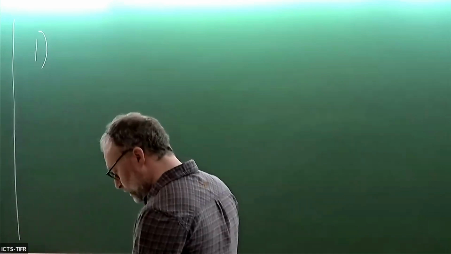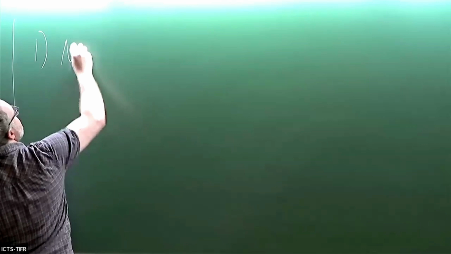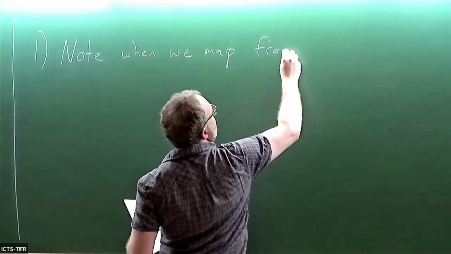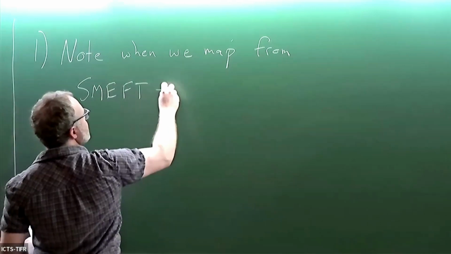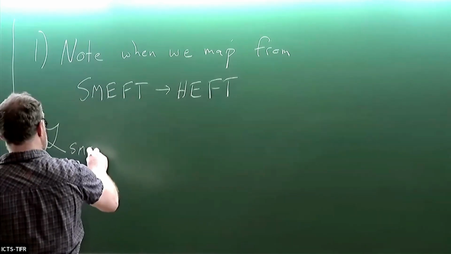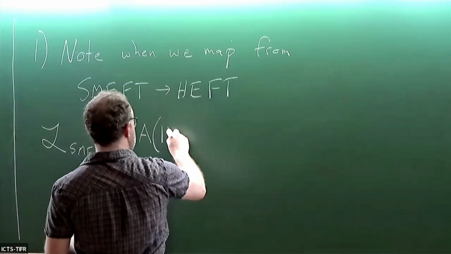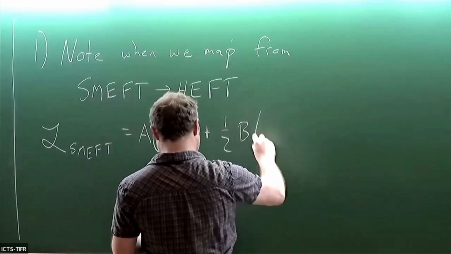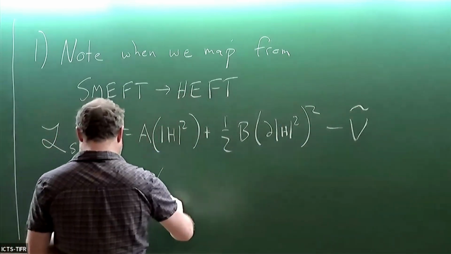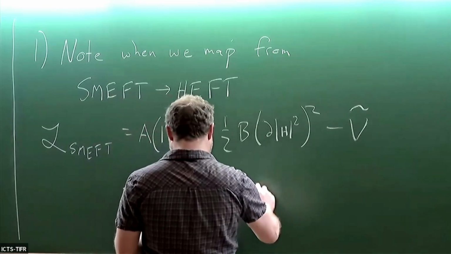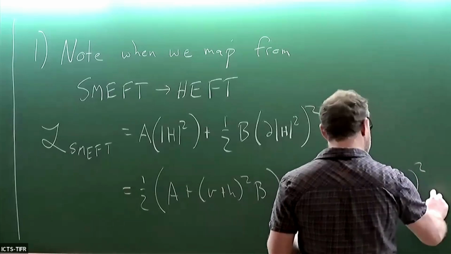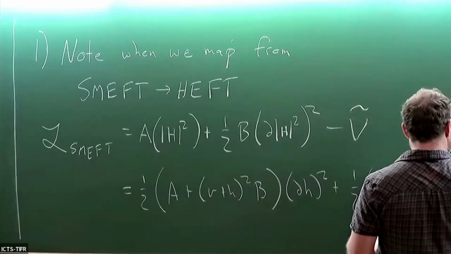One, we want to notice that when we map from SMEFT to HEFT, we write the Lagrangian SMEFT as A of H squared plus 1/2 B of D H squared minus V tilde, and that equals 1/2 A plus v plus little h squared B D H squared plus 1/2 v plus H squared A times D n vector squared.